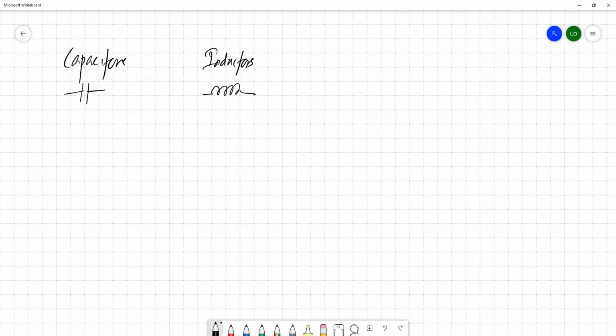It's just a coil. The value of the capacitance is denoted by C, and this is the inductance. This is in farad, and this is in Henry.